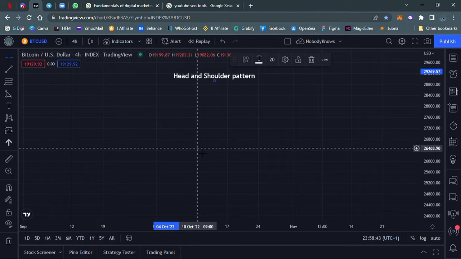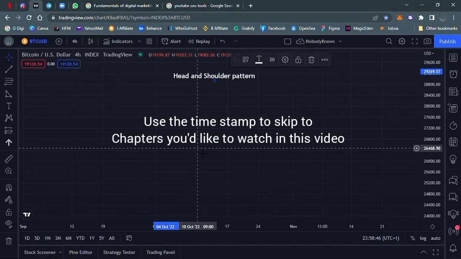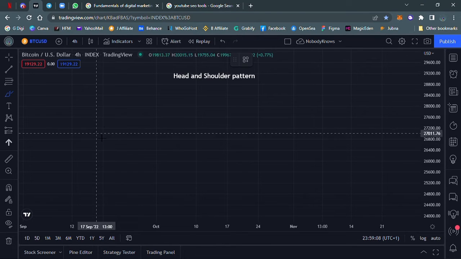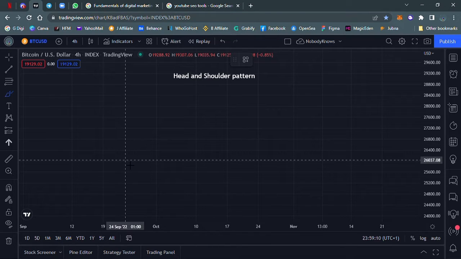I'm just going to show you what it looks like. I'm going to be drawing out what these things look like, and then in subsequent videos you're going to see me use them in live trading sessions, which you can always join us. The links are always sent to the Telegram channel. Head and shoulder pattern usually is a reversal and is bearish, take note of that, a bearish reversal pattern.